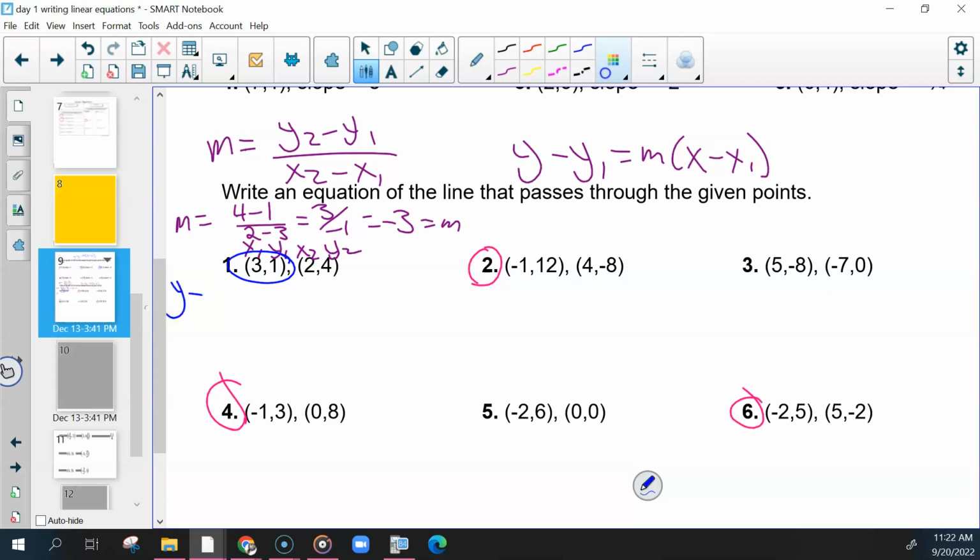Y minus my y1 is 1 equals my slope, negative 3, and then parentheses x minus 3. And then I would go from there, distribute, and get y by itself. So y minus 1 equals negative 3x plus 9. Be careful with your signs.